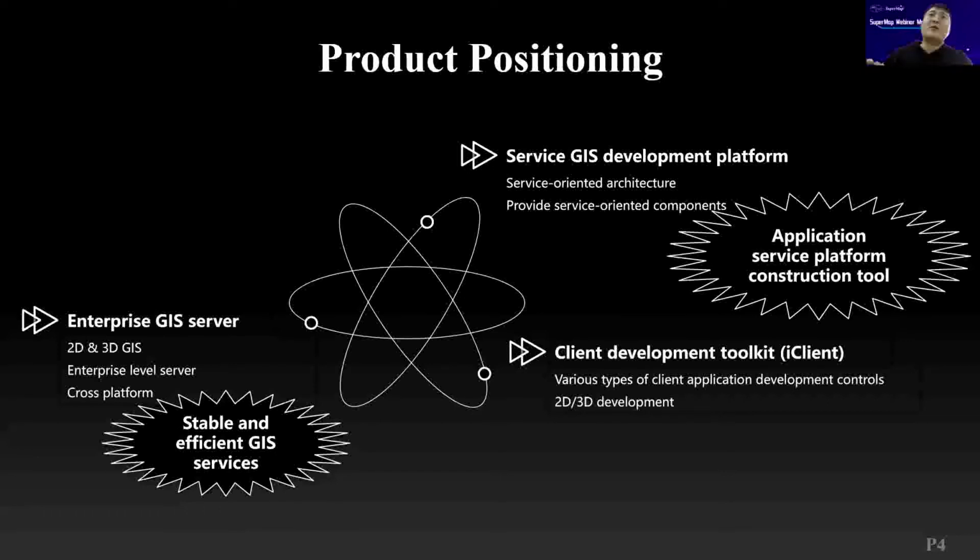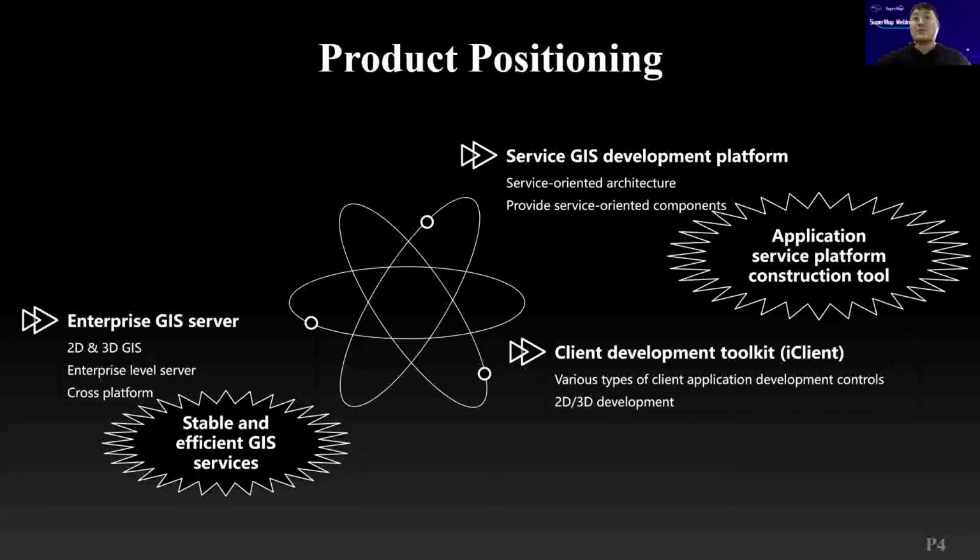Actually, for a service, we cannot see anything from it. In the interface or page of iServer, we can only know the capability, the information, and the attributes of this service, and even see the map. But if we want to create our own GIS application, we still need to use iClient to do the secondary development. So these are the three roles of iServer.